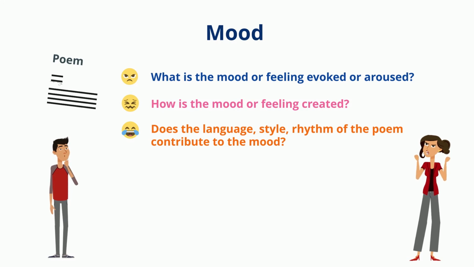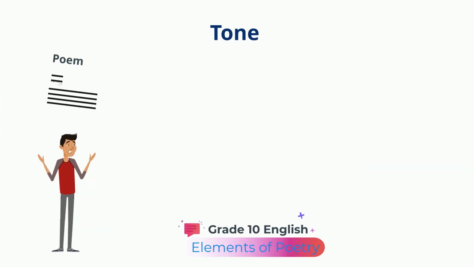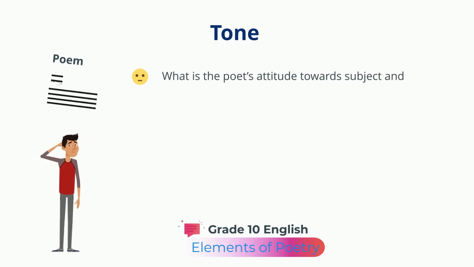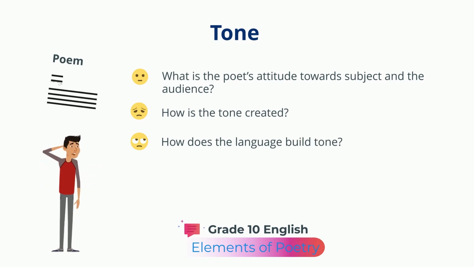An examination of mood should then lead us to tone. What is the poet's attitude towards the subject and the audience? How is the tone created? How does the language build tone? And how does rhythm create tone?